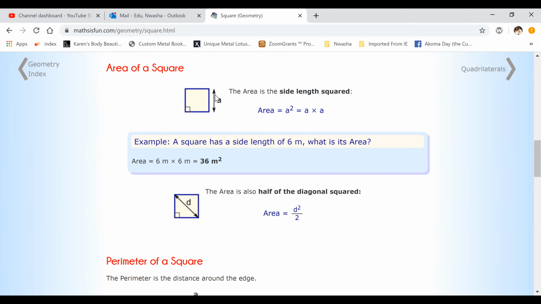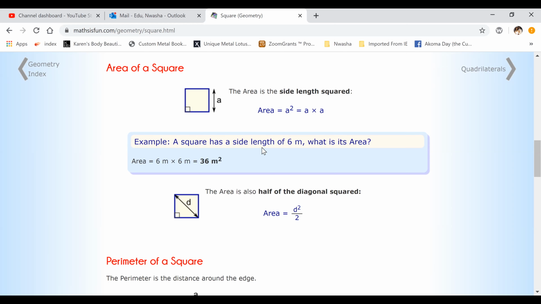So if this was a 5 for the length of this side, you would just be saying 5 times 5 if you did length times width. You're still going to come out to the right answer. But when you see a formula on a formula sheet, or if you read a formula in a word problem, it looks different because it's just 5 squared. That is the formula for area of a square. But it comes out to be length times the width, or A times A.